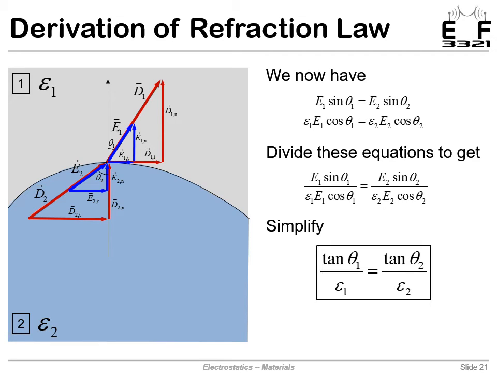We don't need to know what the electric field is, we just need to know the angles and the permittivity in each medium, and we can calculate the angles. We'll do this when we get to our example. So that's the law of refraction. This is the law of refraction, but it is not Snell's law. Snell's law deals with waves, and we're not dealing with waves here. This is static fields.